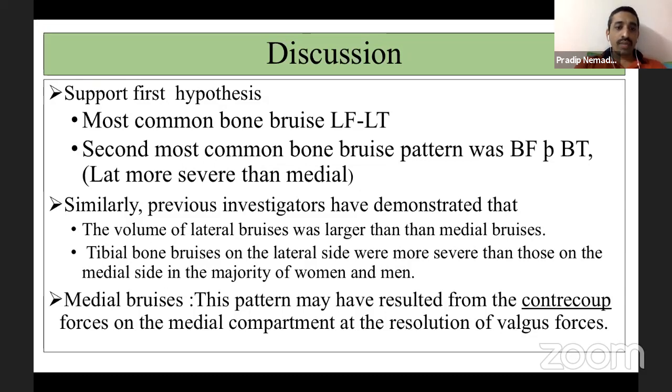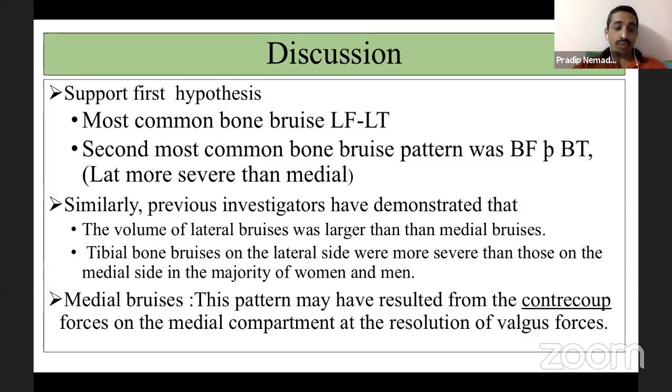Similar previous investigations also demonstrated that the volume of the lateral bone bruises was much larger than the medial. And again, the tibial side bone bruises on the lateral side were much more severe than the medial side. So the previous reports and this study stand in one line.